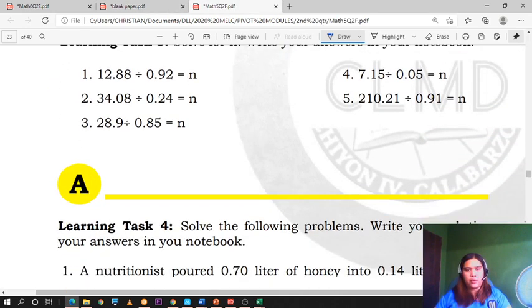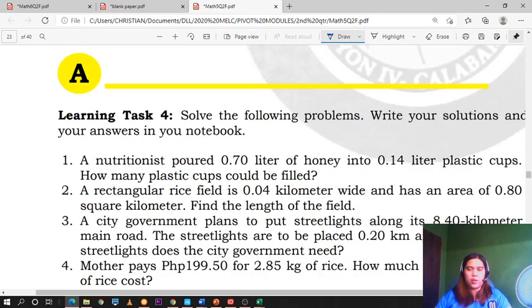And then, for the learning task 4, so problem solving tayo. So, write your solutions and your answers on your answer sheet. Okay? So, let us try the number 1. So, a nutritionist poured 700 liter of honey into 1400 liter plastic cups. How many plastic cups could be filled?